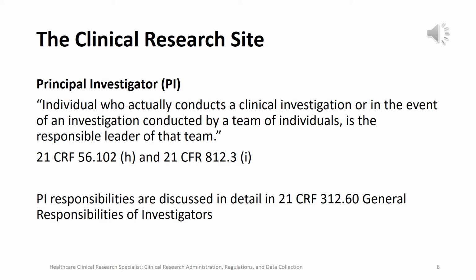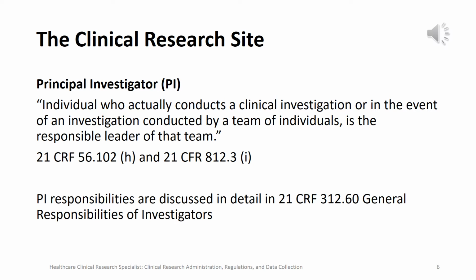They will ensure that all site personnel are trained on how to conduct the trial and have the necessary training to conduct any of the procedures or assessments that are going to be performed during the trial. So if anything goes wrong or any problems occur, it's going to be the principal investigator who's held responsible for that.